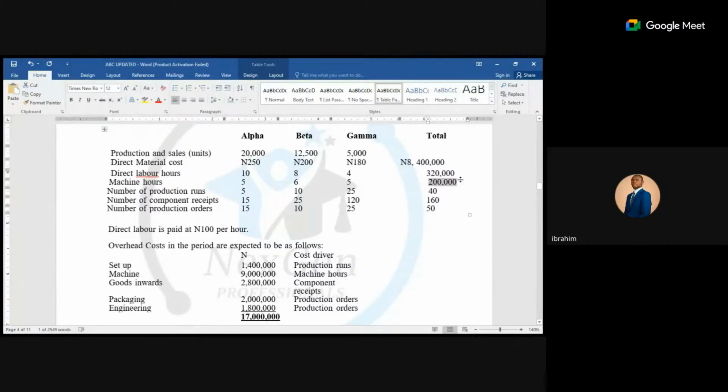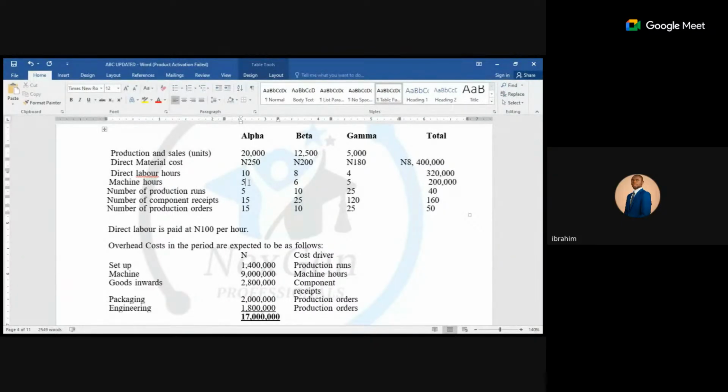But in a situation whereby the total is not given to you, class, you have to determine the total hours. This is 5 hours per unit, meaning that it will take them 5 hours to produce 1 unit.